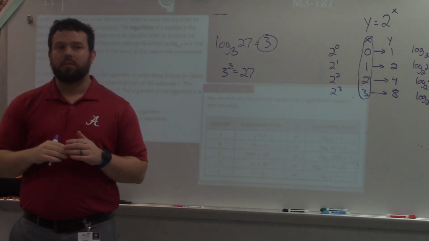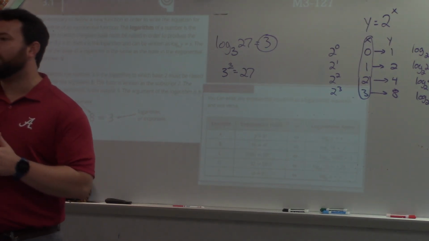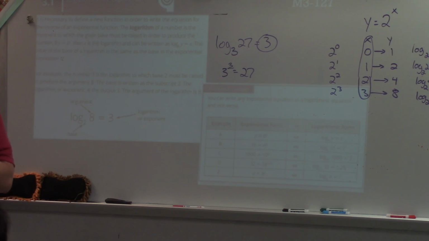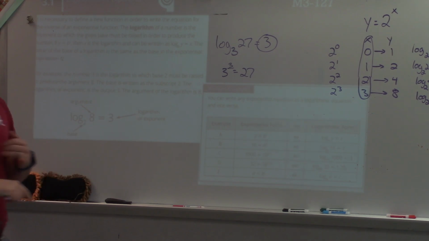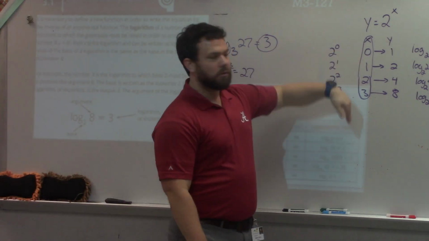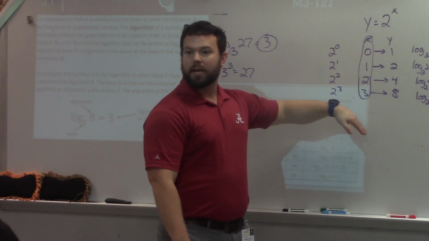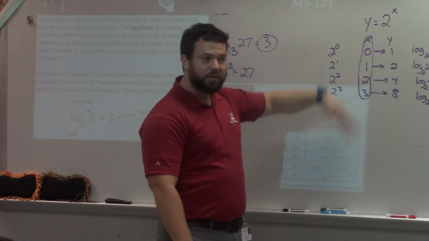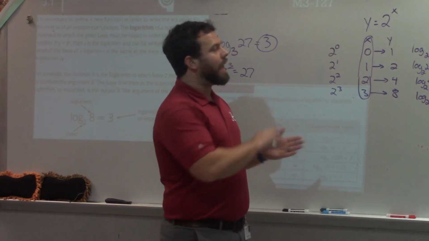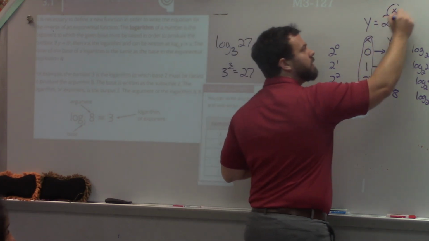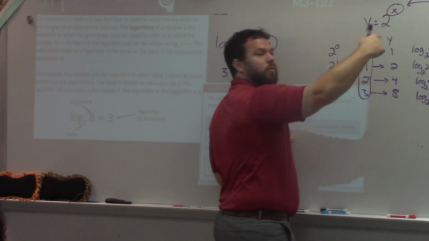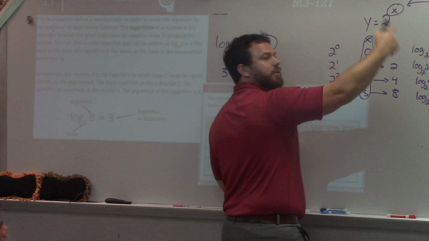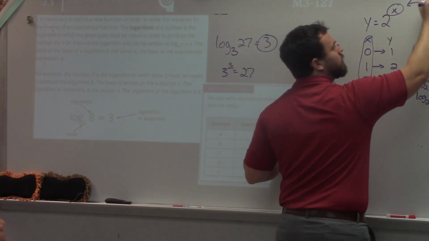Guys, if anyone is ever asking you to take a logarithm of a number, it's the inverse of a what? Exponential. Okay, so logarithms are the inverses of exponentials, and so my output is simply the what? Well, the original input, which is an exponent, right?